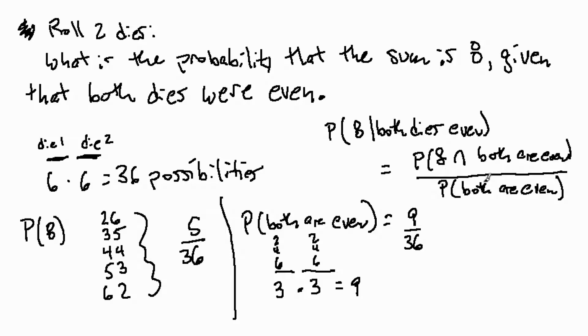Well, let's see if we can figure this out. The probability of 8 and both are even. Well, here's the probability that they're 8, and the probability that both are even. Look, I've got that one, they're both even. That one over there, they're both even. That one over there, they're both even. So the probability that I get an 8 and both are even would just be 3 over 36.